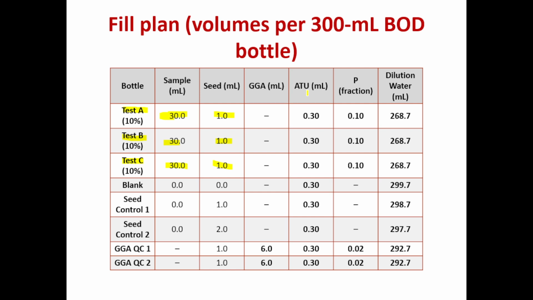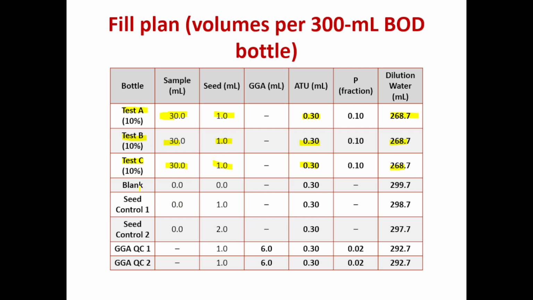ATU, that is allyl thiourea, will be used for nitrification inhibition, 0.30 ml each. So the fraction will become 0.1 because we are using 10% dilution. If it is 20% dilution, then it will become 0.2. And the leftover we will fill with dilution water.